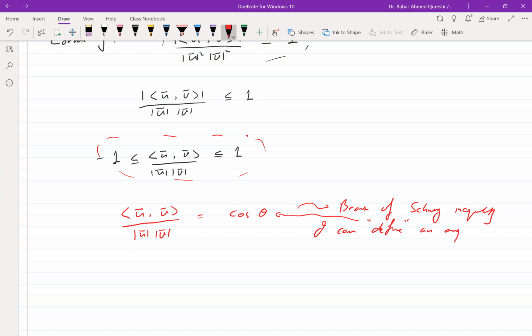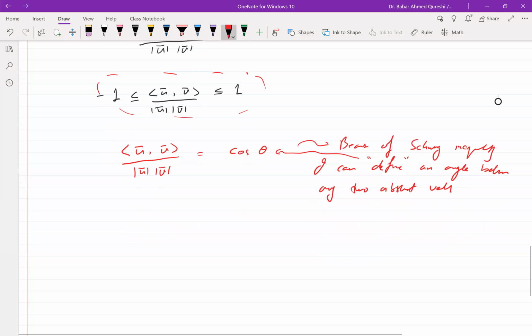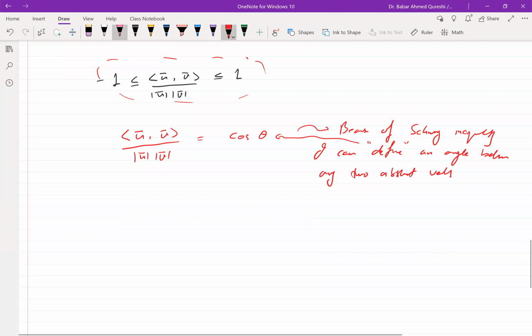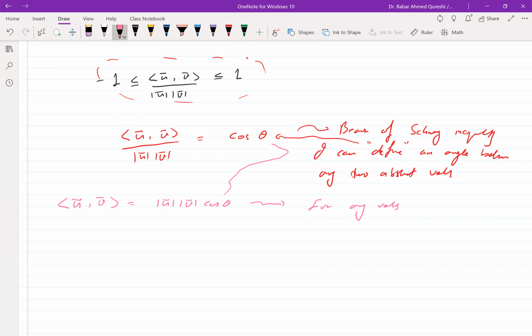Define an angle between any two abstract vectors. And what's the formula? The formula is the same. You take the scalar product of those two vectors and divide them by their lengths. Or in other words, for abstract vectors as well, I can write this formula for any vectors with this definition.